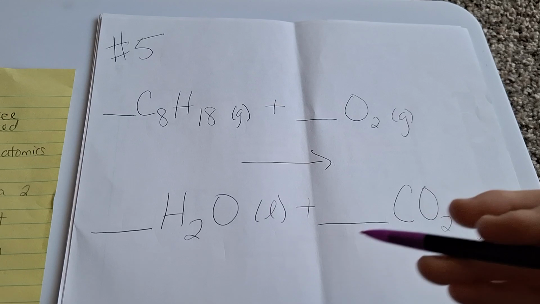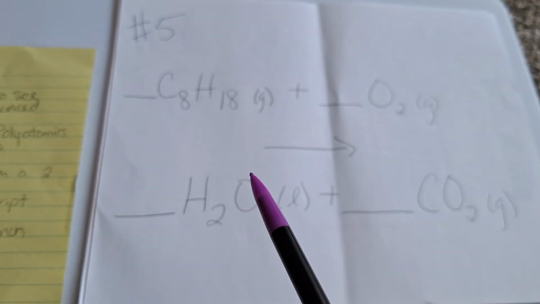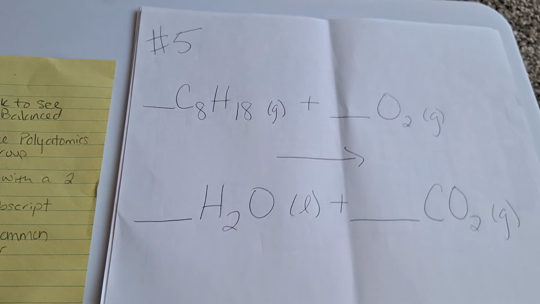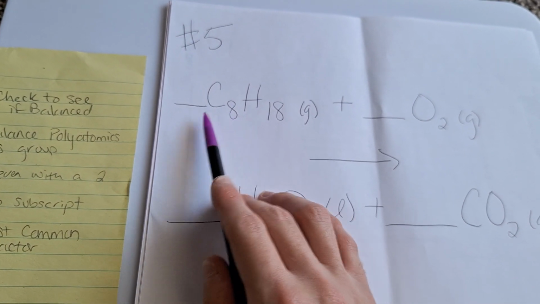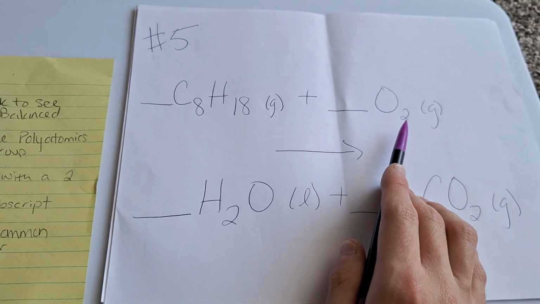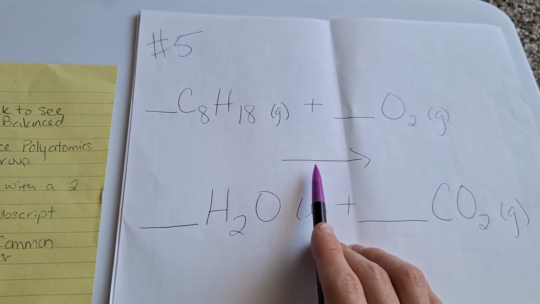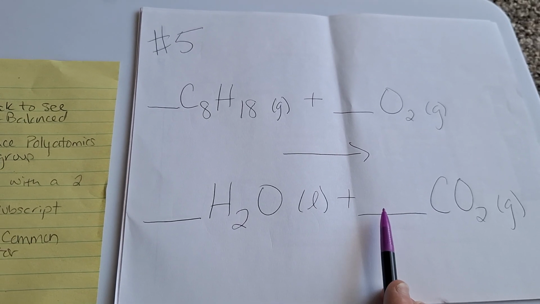Okay, so number 5. This is where that jumbo subscript is going to really come in handy. Really going to come in handy. Let's see. Now we have an octane. Octane gas, in the presence of oxygen, produces water, carbon dioxide. Oh, this looks familiar.